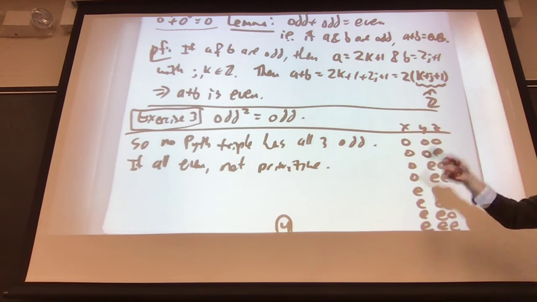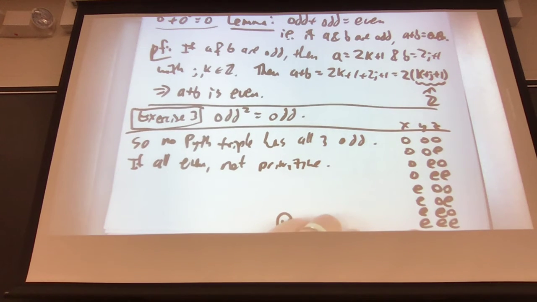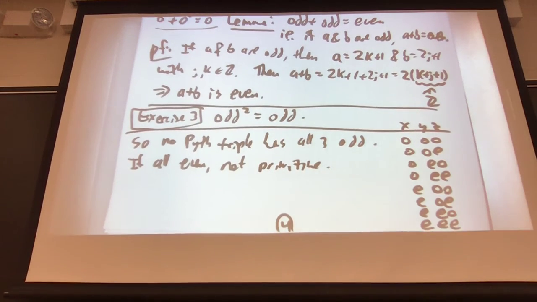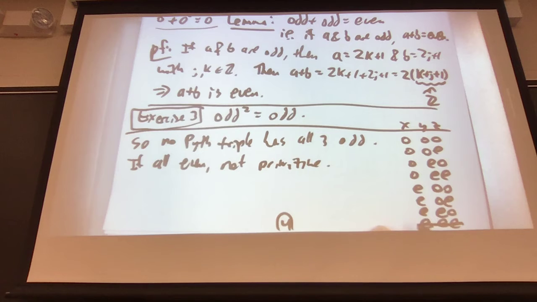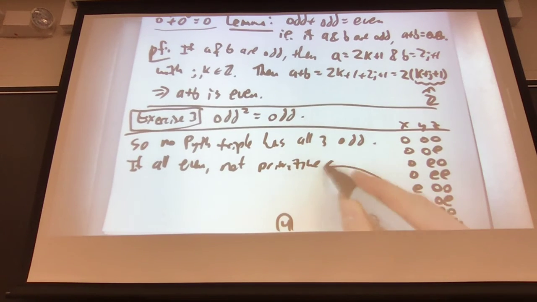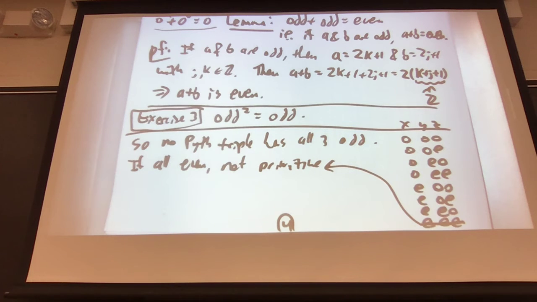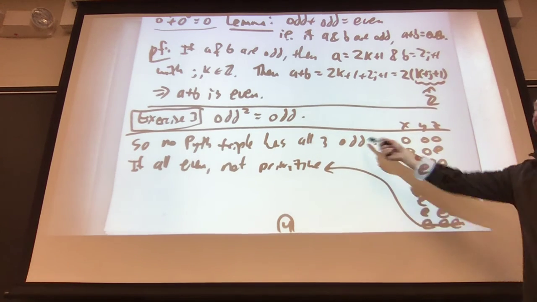First, let's just rule out a couple of things. Even, even, even, we just ruled out because we want primitive solutions. So this is imprimitive. Odd, odd, odd, we ruled out because odd plus odd is not odd.